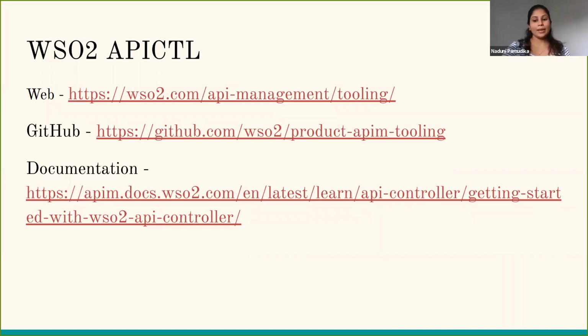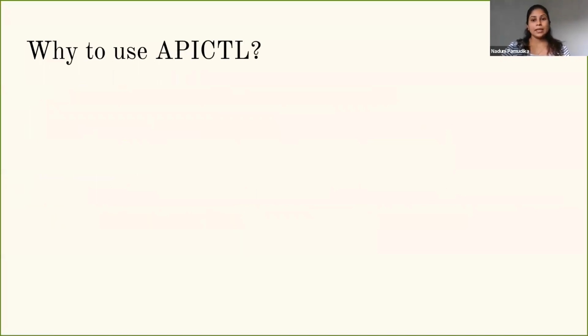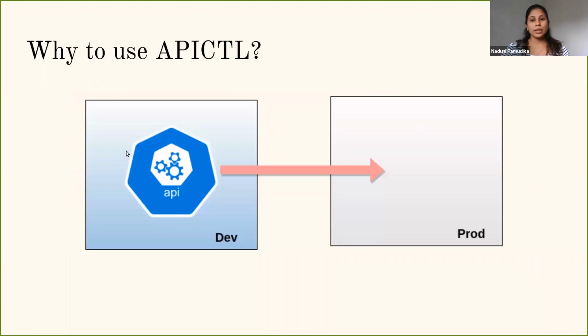I'll explain you with an example. Say I'm a developer who is working in a company, and in that company, I'm using WSO2 API Manager. And there I have two different environments. The dev environment where I do my development related work, and the prod environment where all the outsiders can access and use the available APIs and applications.